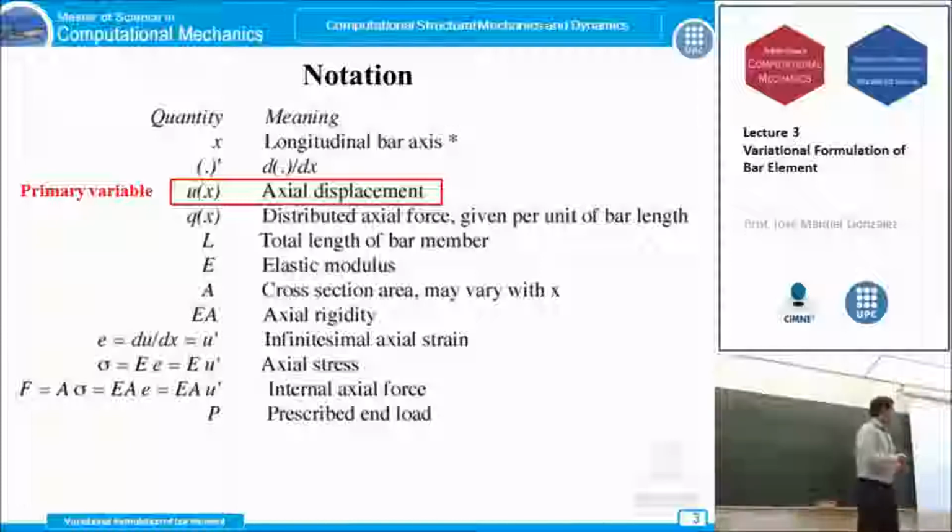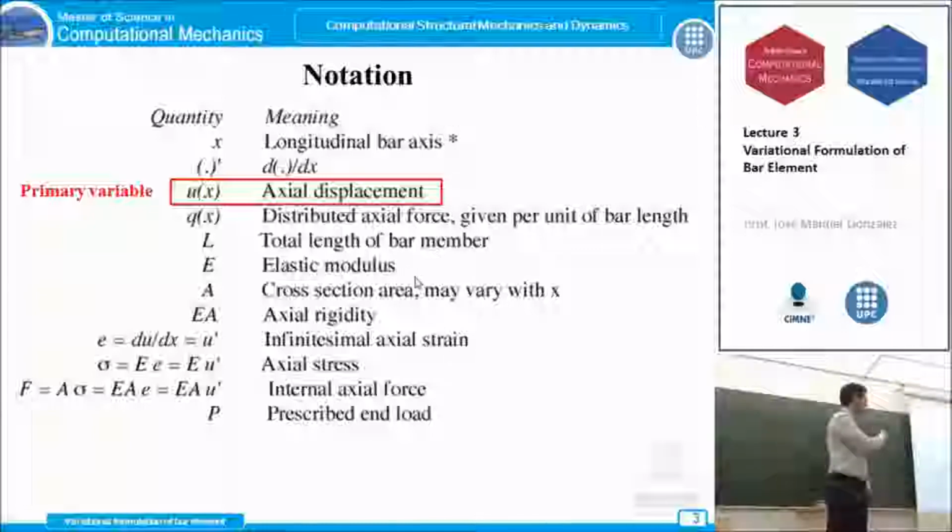The x is the longitudinal axis, the independent variable. We denote the derivatives using this notation here. Q, depending on x, is the distributed axial force, given per unit of bar length in the longitudinal direction.